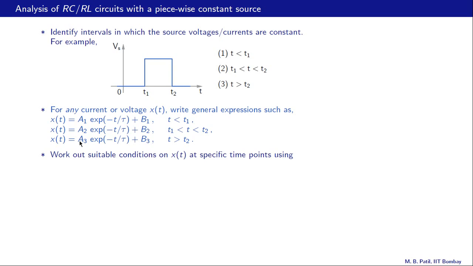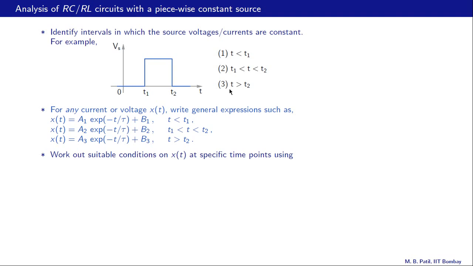What we need to do is to work out suitable conditions on x of t, which could be a current or a voltage, at specific time points. For example, in this case, we might look at x of t at t1, t2, minus infinity, and plus infinity.